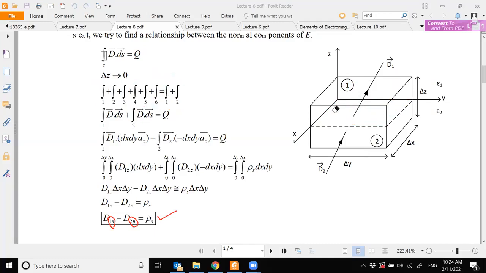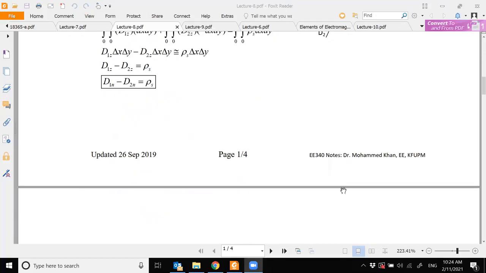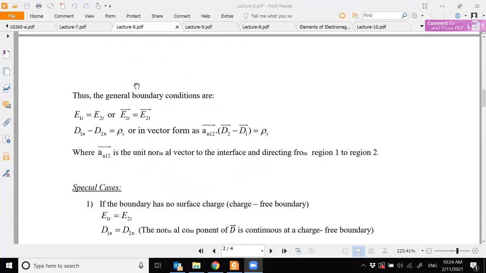So this is the second important boundary condition of electrostatics, alongside E1 tangential is equal to E2 tangential, the first boundary condition, or in vector form, E1 tangential vector must be equal to E2 tangential vector.